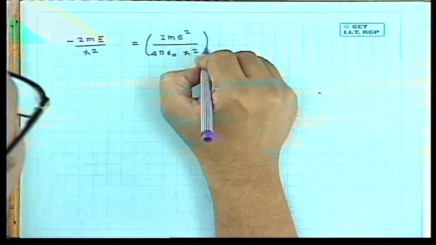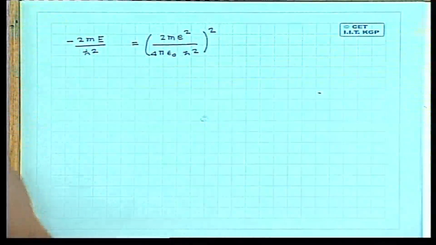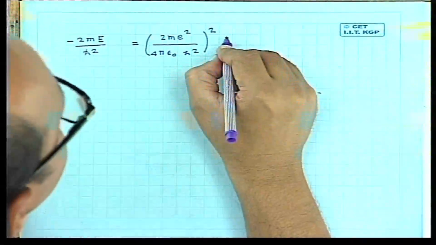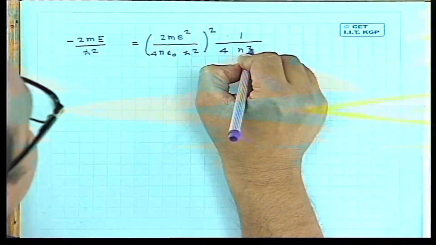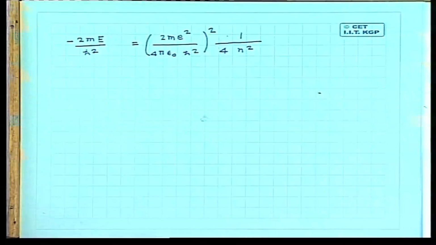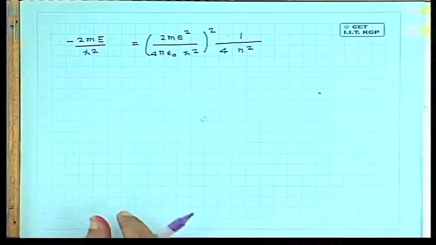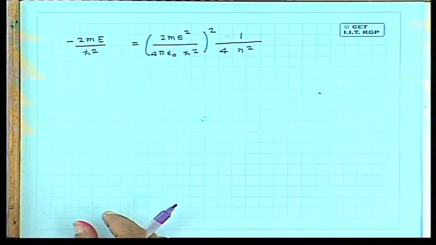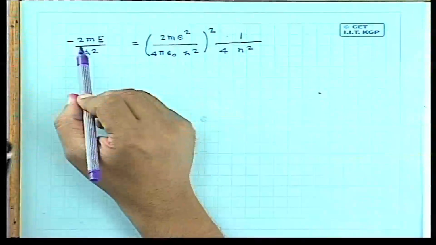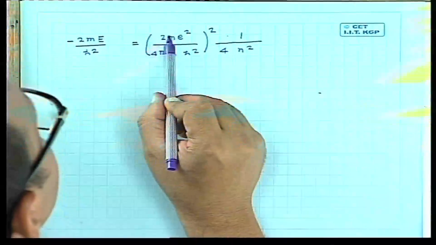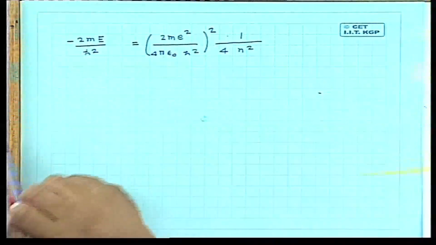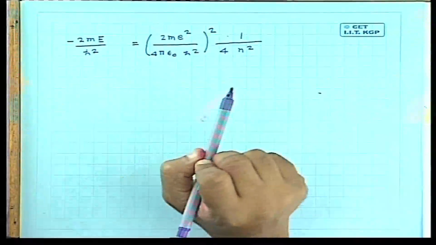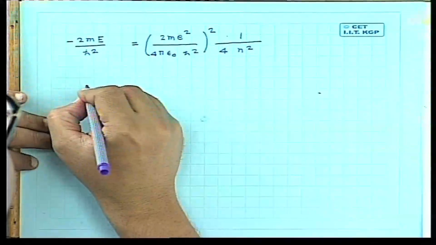This whole thing squared is k squared, this divided by 4 n squared. So this is the energy. So one factor of 2m by h cross square will cancel out, and this gives us E.